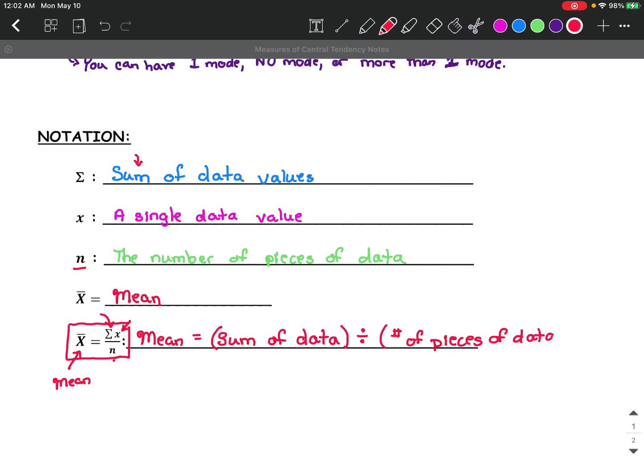So it's exactly what we said before, but now you can see it in notation form as well.